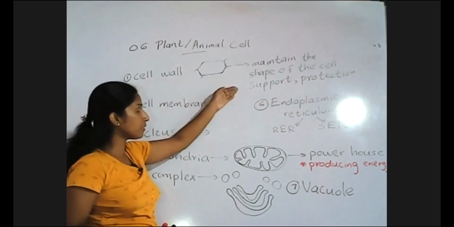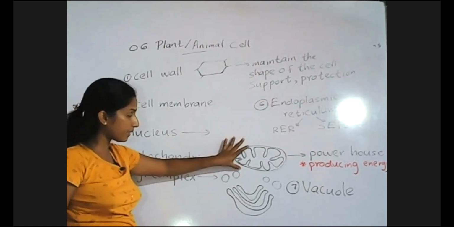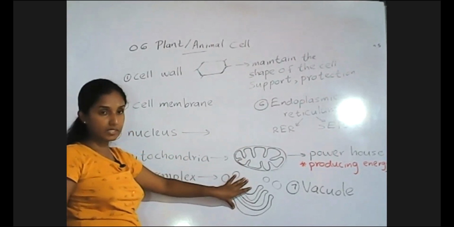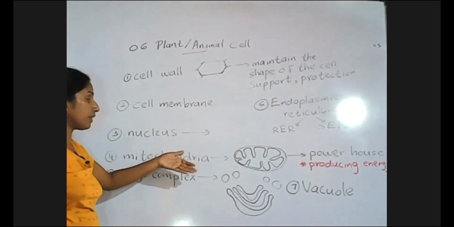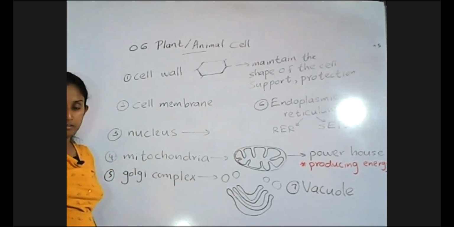In this way, one by one, you can write all the organelles, Pute, and make a diagram, right? Draw the figure, then it is easy to remember. Or if you are given the diagram, then it is very easy to identify and write the functions, right?